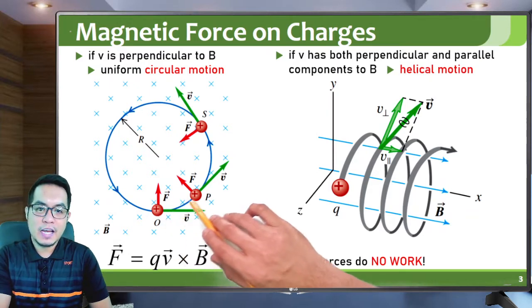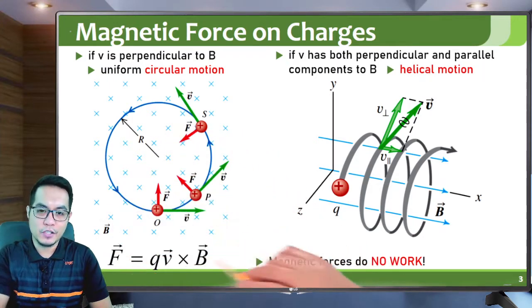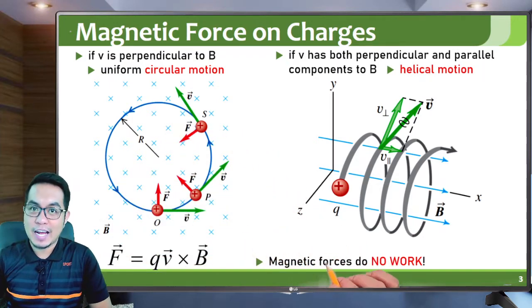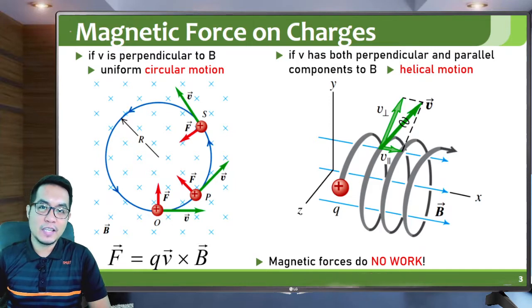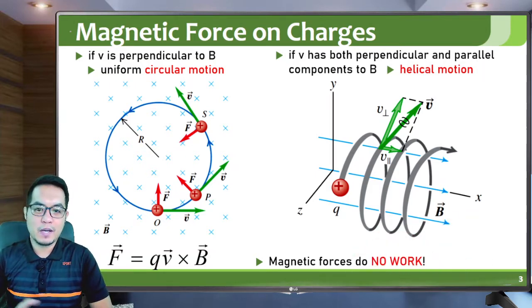It will still have the same magnitude, but the direction will change. The only thing that the magnetic force can change is the direction of the velocity, but it cannot change the magnitude of the velocity. That's what it means by the magnetic force doing no work.